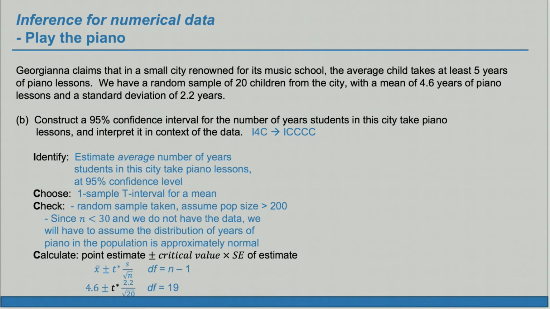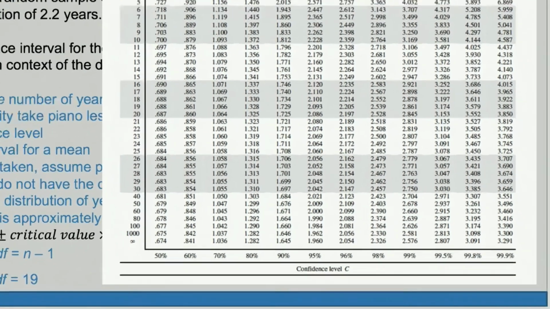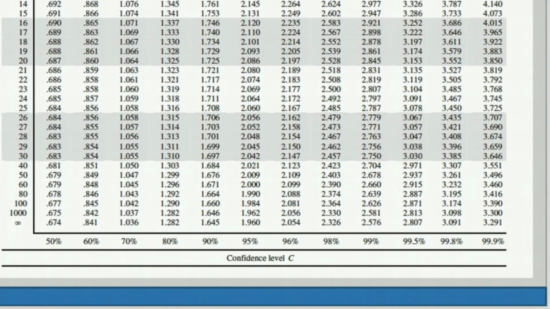And so now we just need to find the critical value t star. So we can grab a t-table, and what we want to do is look at the bottom and find 95% confidence, and then we want to find the appropriate degrees of freedom. So we have 19 degrees of freedom here. So we're going to find row 19 and the column that corresponds to 95% confidence.